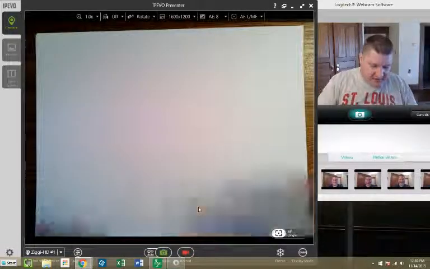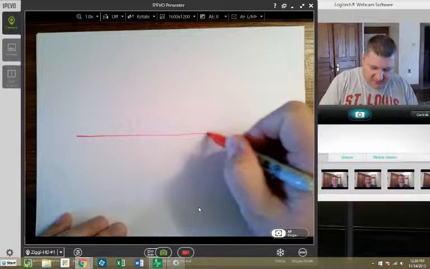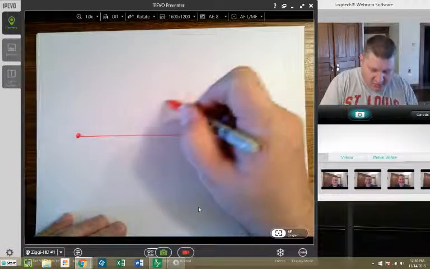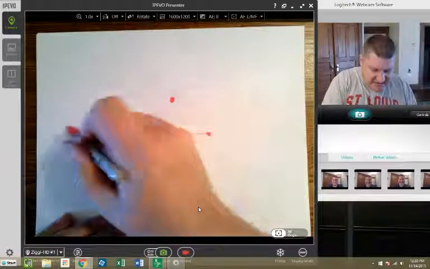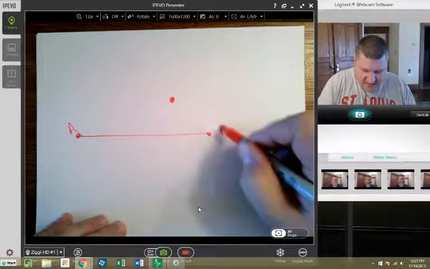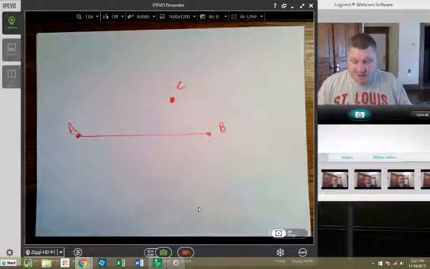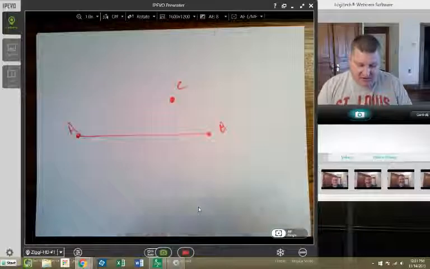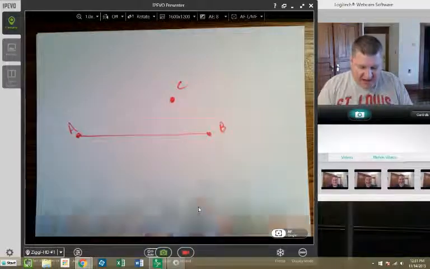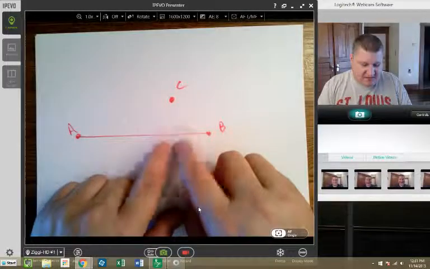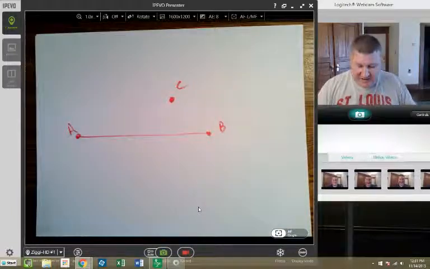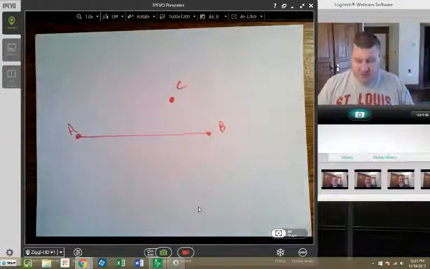If I have a segment, and I have some point up here that is not on that segment, A, B, C. At this point, I want to create a line down to this line right here, but I don't want it necessarily to be a perpendicular bisector.